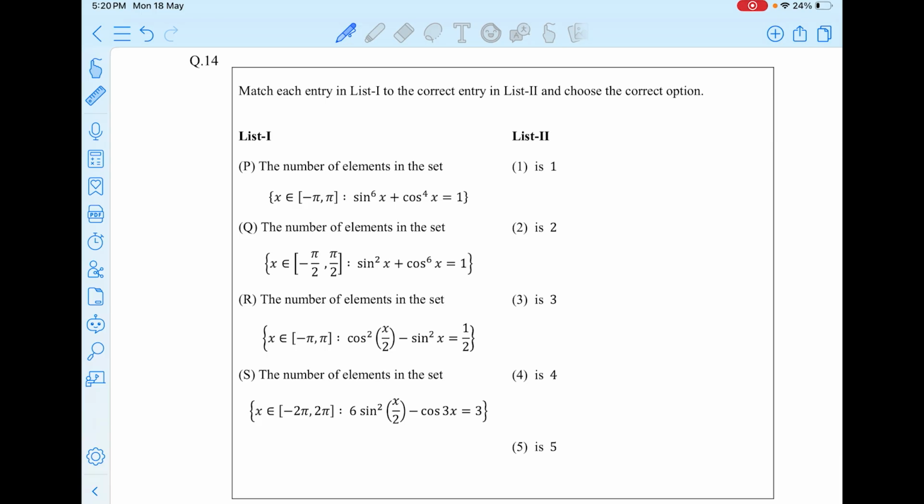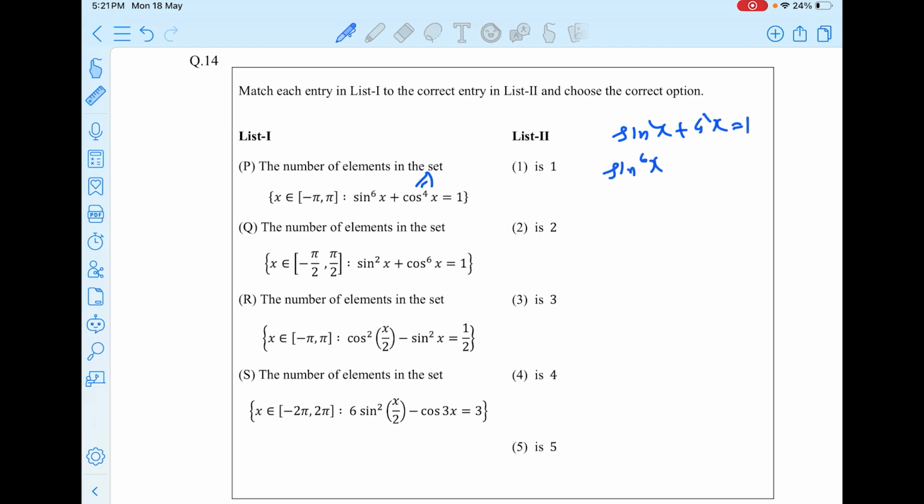Then this question: sin power 6 x plus cos power 4 x is 1, and second is sin square x plus cos power 6 x. One method is to write cos square x as 1 minus sin square x, whole square, then it will become degree 6. But there is one more thing: I know that sin square x plus cos square x is 1.